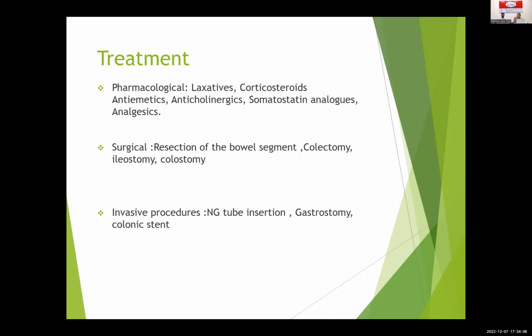And coming to anti-emetics, what is the preferred anti-emetic in this condition? Will you give metoclopramide? In partial obstruction, yes, we can give metoclopramide if it is partial obstruction.